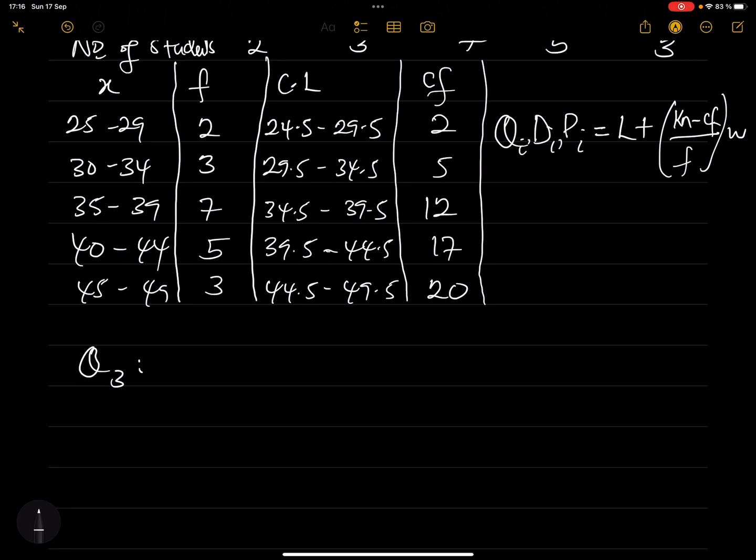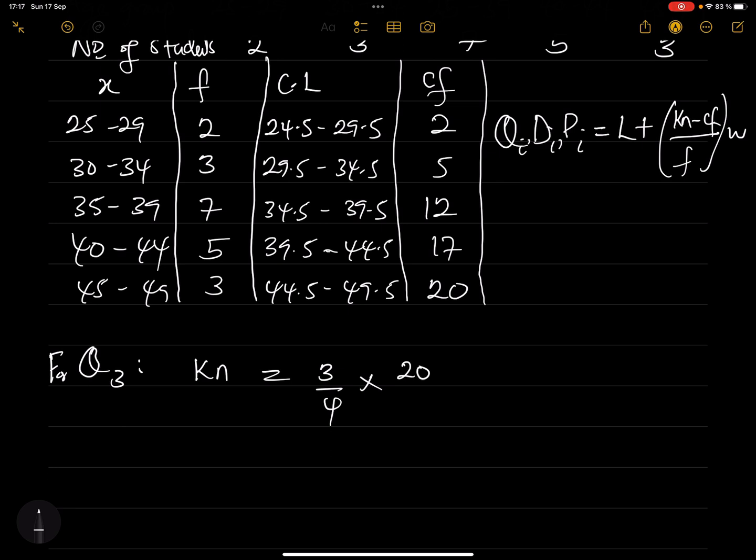we need to start with the Kn. All right? What is K for Q3? Since it's Q3, K is going to be 3 over 4, then multiplied by N. Your N is the total number of observations, that is 20 in this case, the last CF.